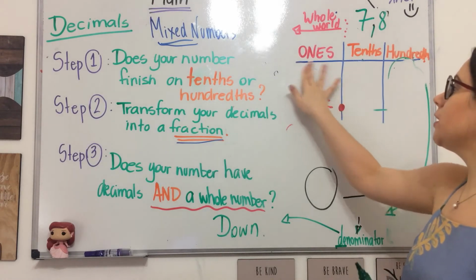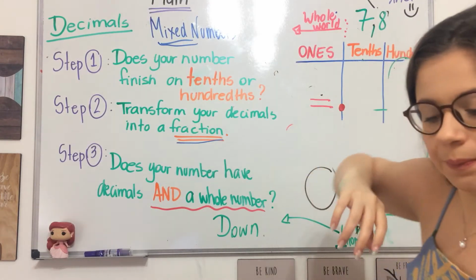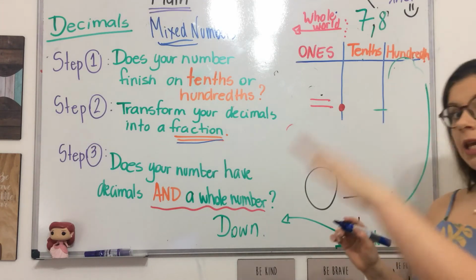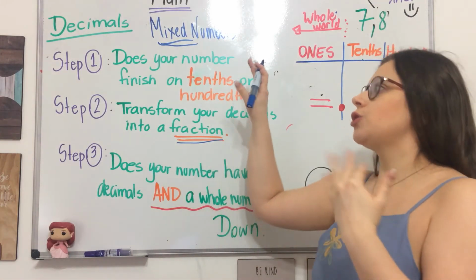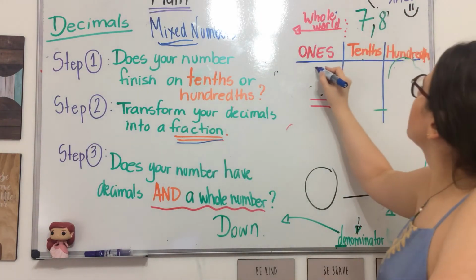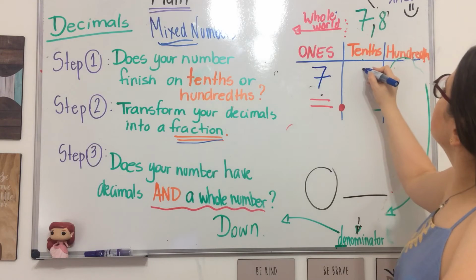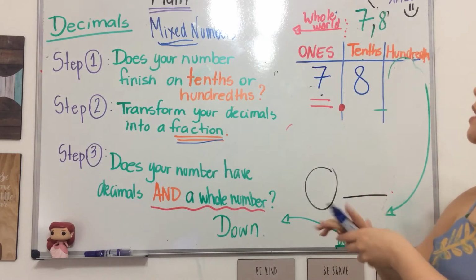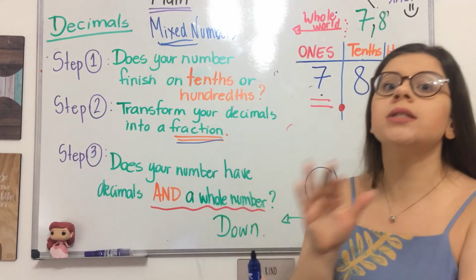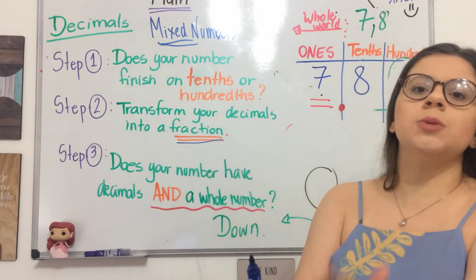Now, we need to go to our first step. You need to answer, does your number finish on tenths or hundredths? To answer this question, we need to go to the place value. 7.8. We are going to remember that the decimal point does not change its spot.